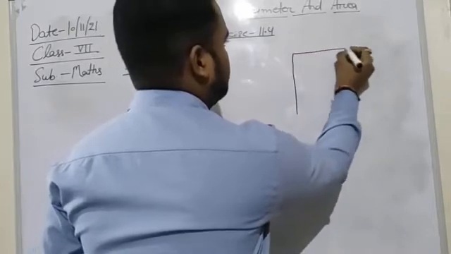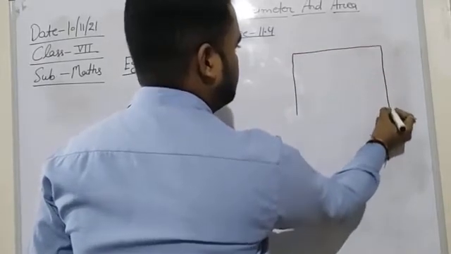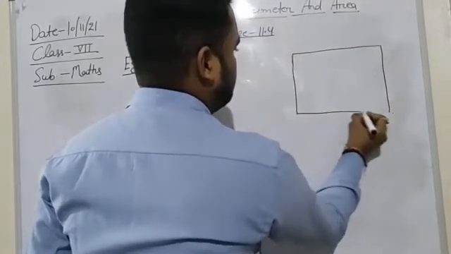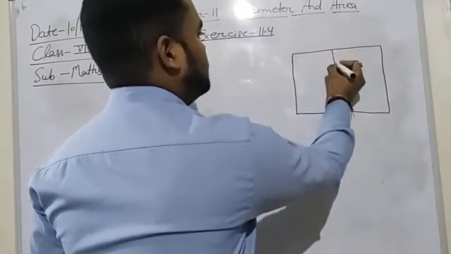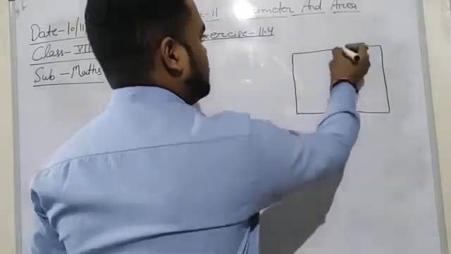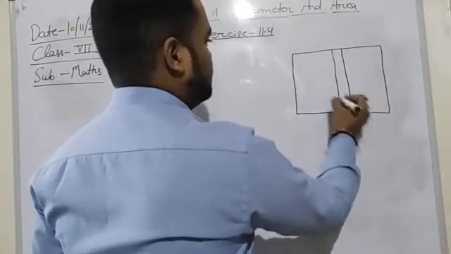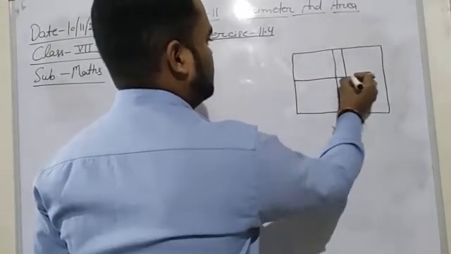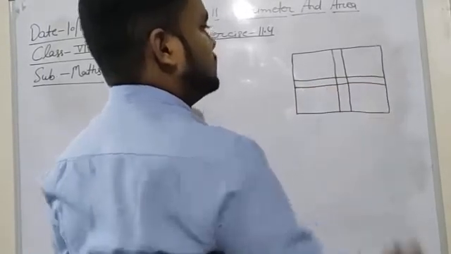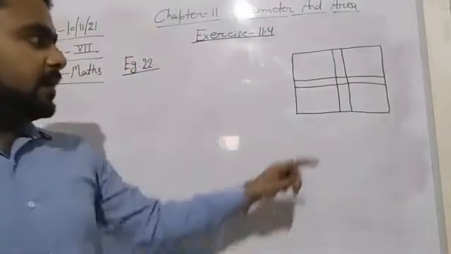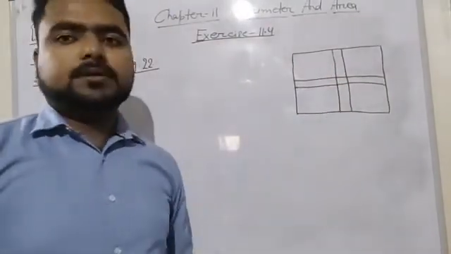There is a rectangular field, and in the middle of this rectangular field there is a path which goes like this. Okay, and we have to find the area of this path.